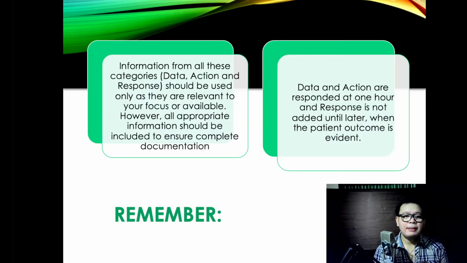You have to remember that information from all of these categories, such as your data, action, and response, should be used only as they are relevant to your focus or available. As I mentioned, it should be relevant to the data. It should not be fabricated, and you don't need to identify actions or responses that are not correlated to the focus.